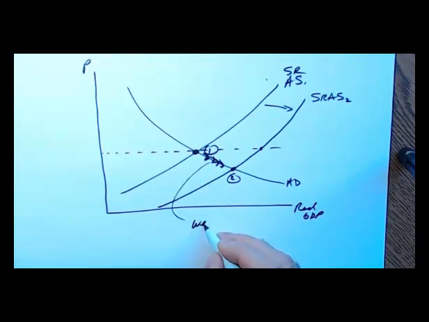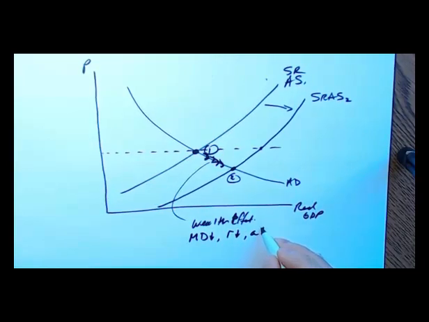So I'll just say wealth effect going up because of lower prices. And then there's money demand going down because prices have gone down, which means R is going down, which means A is going up, autonomous consumption, and planned investment is going up.